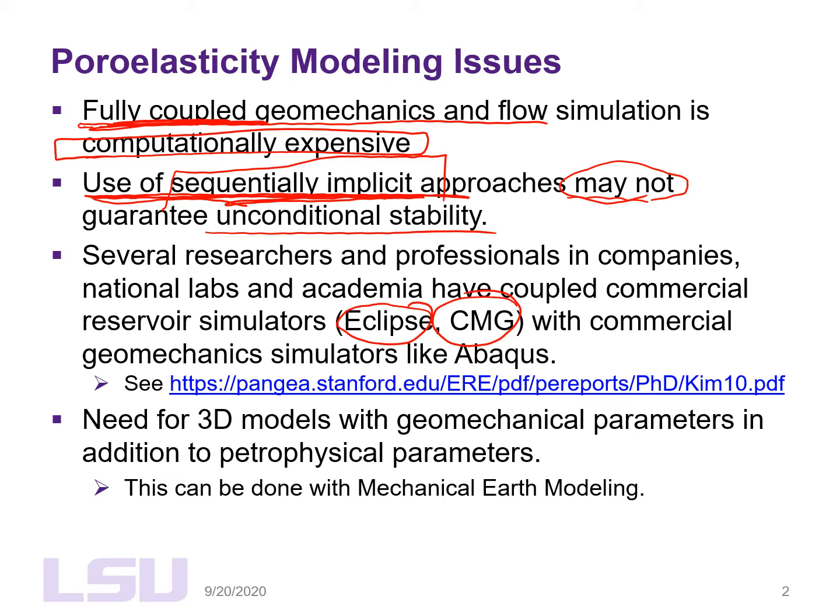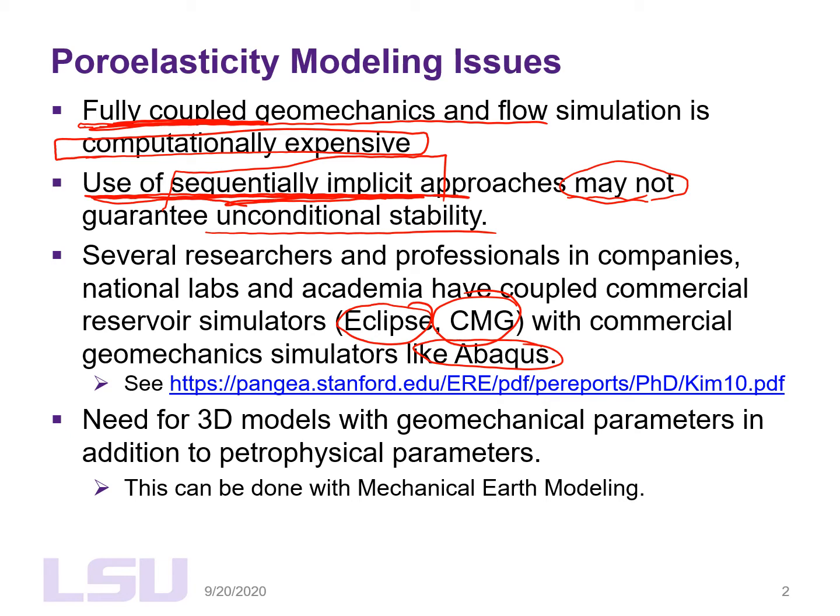Then you take that pressure, which is coming from the flow solution, and use that in the governing equation for geomechanics, right? Then you solve for displacement, and you can use Abaqus for that. And then when you get the displacement, you take the displacement solution and calculate the volumetric strain.